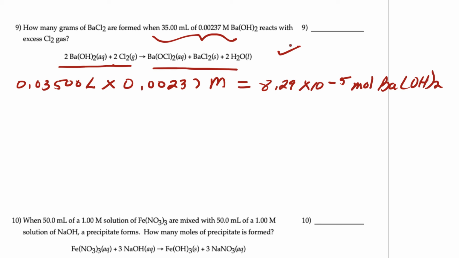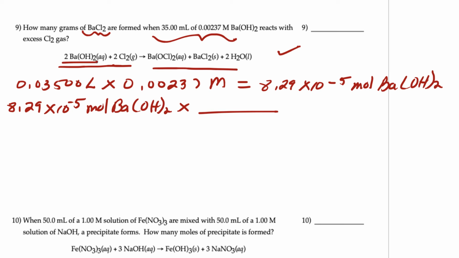Okay. And so they want to know how many grams of barium chloride are formed. So we have 8.29 times 10 to the negative 5 moles of barium hydroxide. And from our chemical equation, we see that 2 moles of barium hydroxide will produce 1 mole of barium chloride.